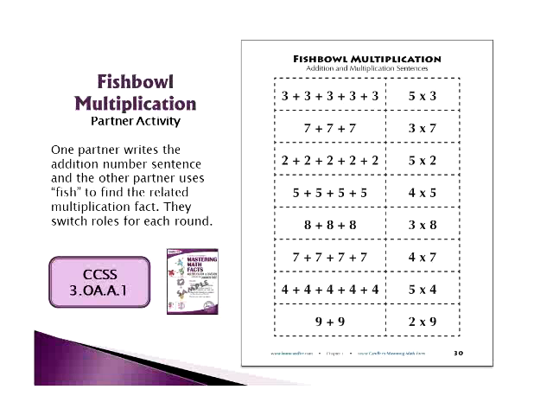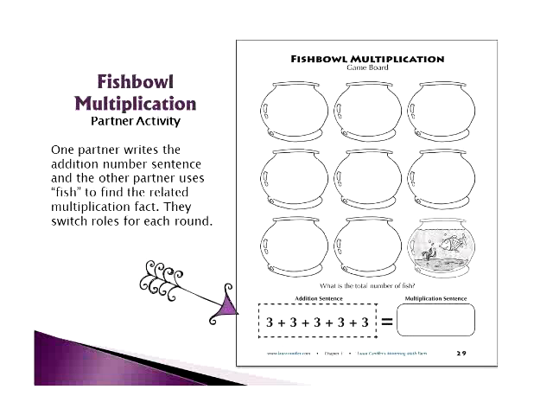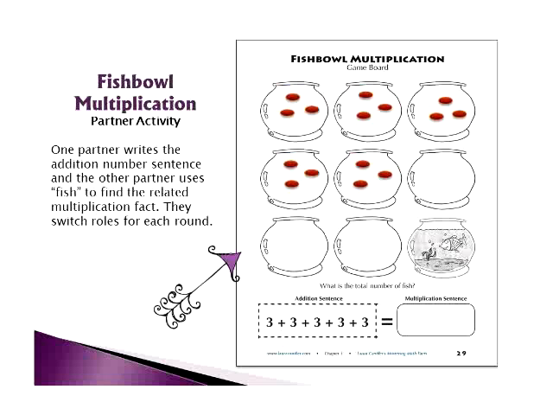They have addition sentences and multiplication sentences. The first person puts down an addition sentence in the box at the bottom of the page, and then their partner takes fish or little dried beans or paper clips, whatever you want to use for the manipulative, and models that on the game board.